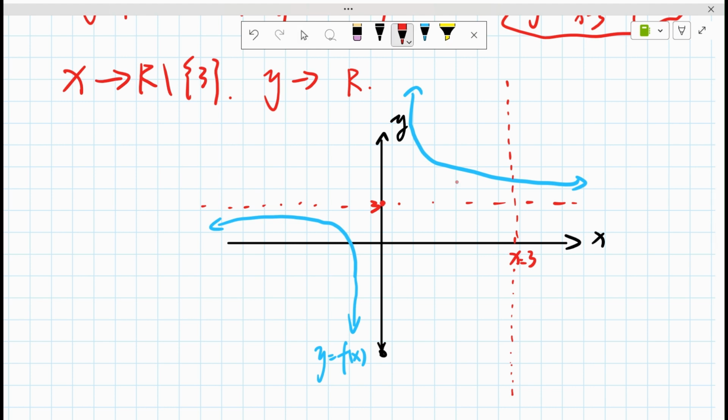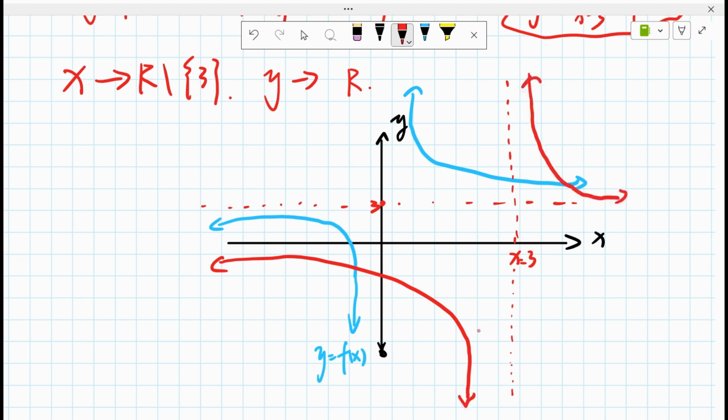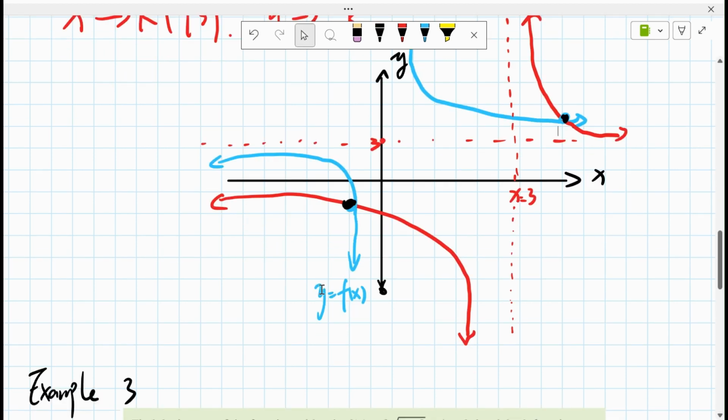That is the function, and that's the inverse function. We can see two intersection points, one here and one here, so we cross out two intersection points.